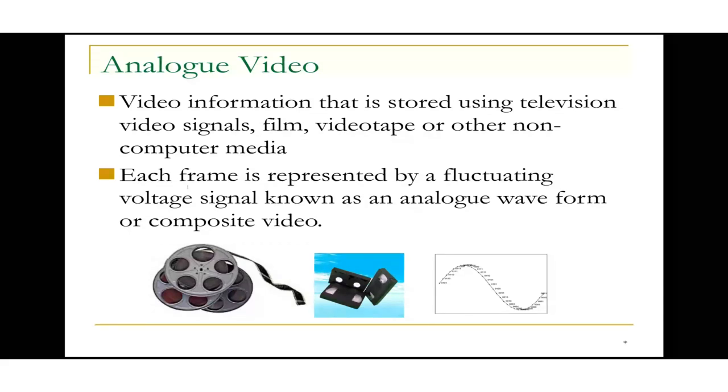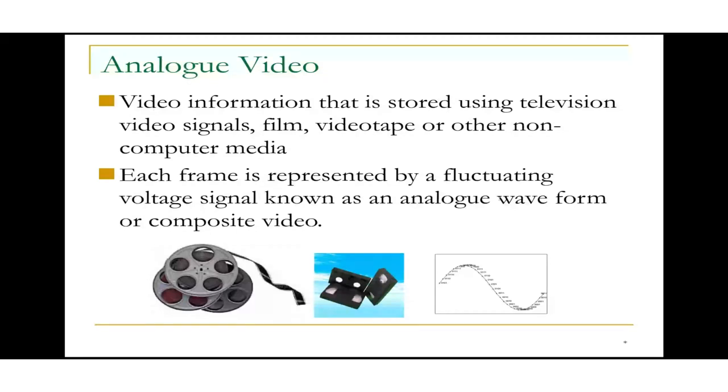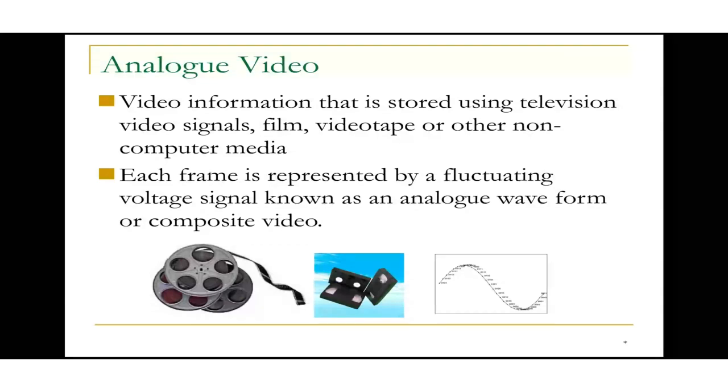So that's what it's saying here. Each frame is represented by a fluctuating voltage signal known as an analog waveform or composite video. Now this part is just discussing analog, but yes, there is the same word that we use even when we go digital.